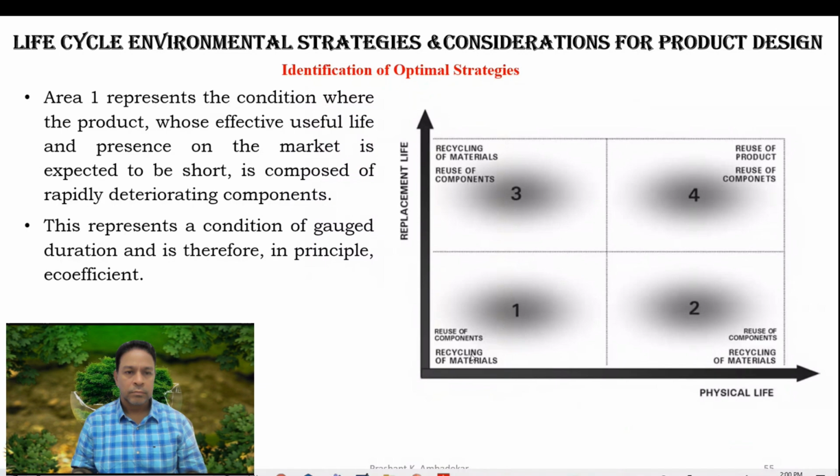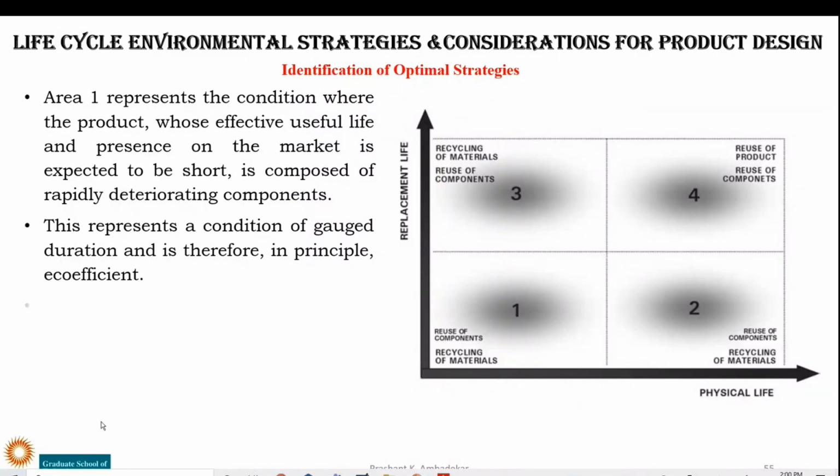While manufacturing, select the material in such a way that you anticipate the life, the replacement life, the technology, the innovation, the need of the product, and then you design the product. And if it is properly gauged, then it is called an eco-efficient product.